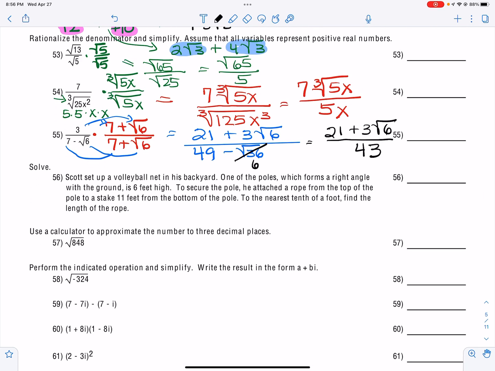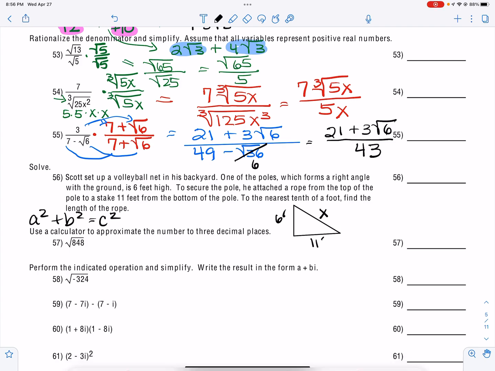And the application problem, we're going to use the Pythagorean theorem, which remember is a squared plus b squared equals c squared. So we have a pole that hits the ground at 6 feet. It is 11 feet from where the bottom of the pole is, and what we're trying to find is this height of the rope.